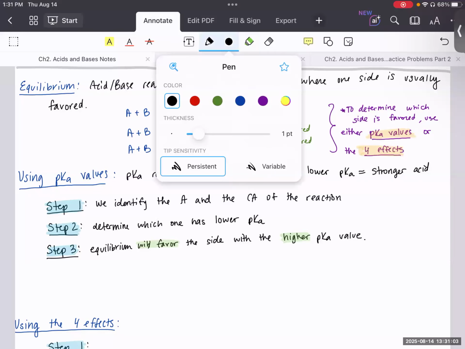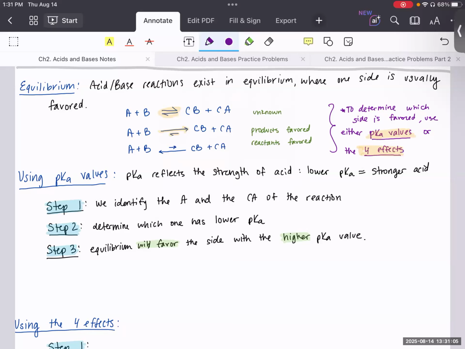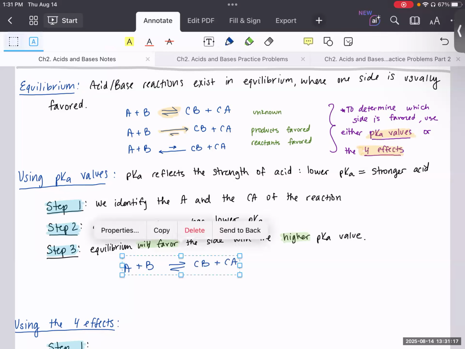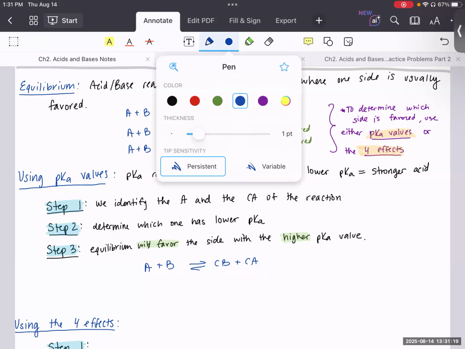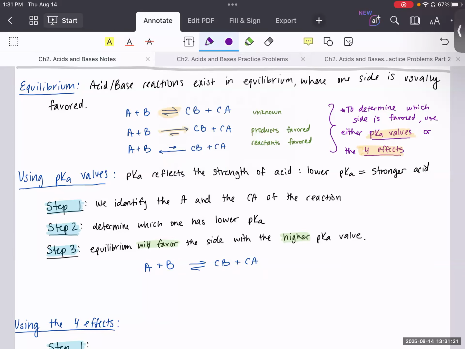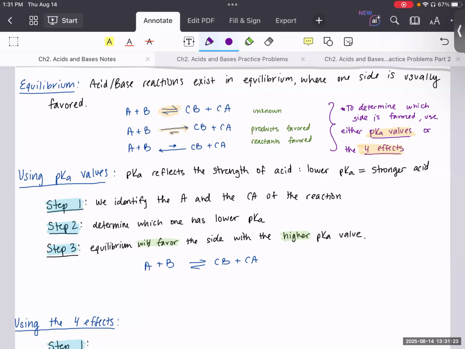And so let's quickly talk about why this is. So for this, let's draw out an acid plus base goes to conjugate base plus conjugate acid. So let's say that our pKa value of this acid is around 5.